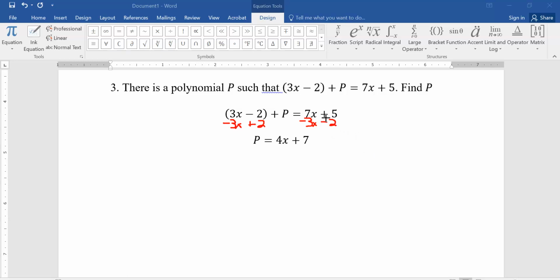So when you get rid of a subtraction, you have to add. When you get rid of a positive number, you have to subtract. So there we are. 4x plus 7 is the polynomial that you would need here. Again, this is just like solving a linear equation.